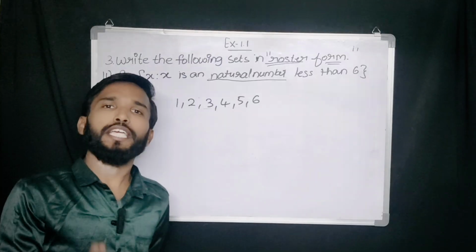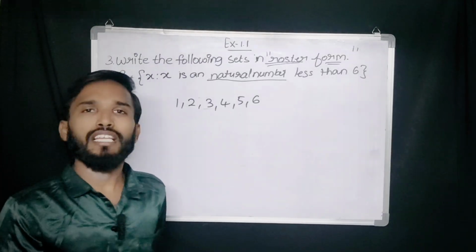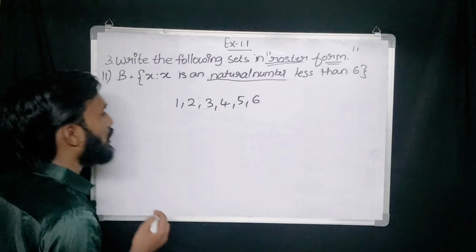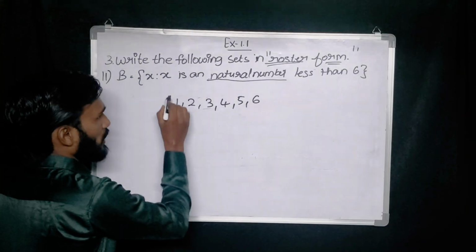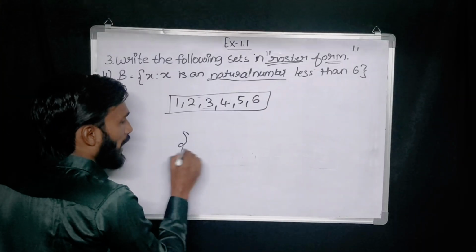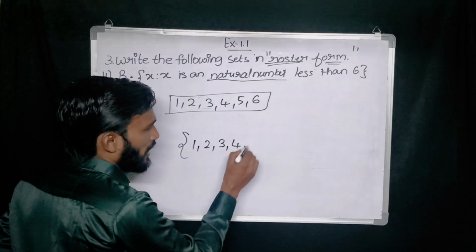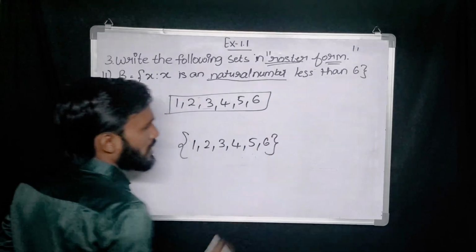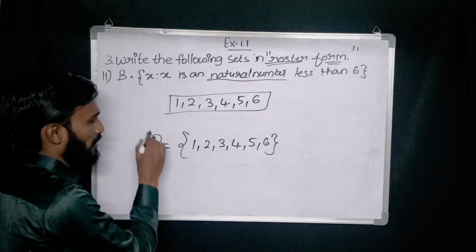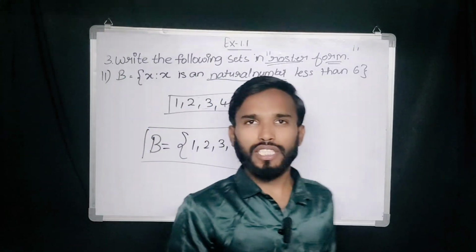Separating the elements by commas and enclosing them with braces. So enclosing by braces: 1, 2, 3, 4, 5, and this is set B. This is the required set in roster form.